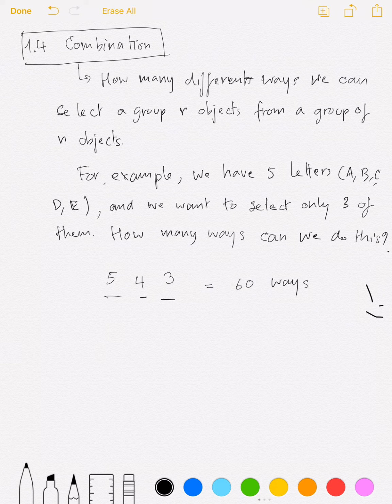However, if we do it this way, 5 multiplied by 4 multiplied by 3, there are repetitions among the selections.